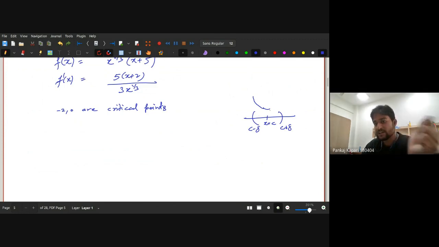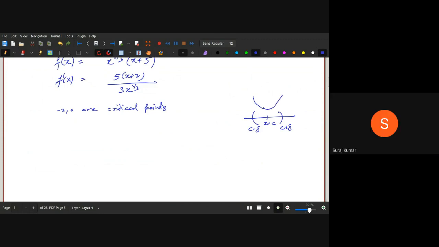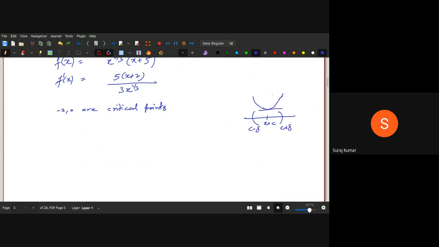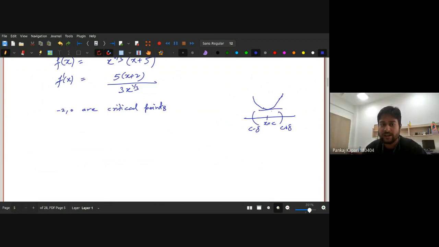On the right the derivative is positive, that means it is increasing. That means at the critical point you should have a point of minima, right? This is called the first derivative test. Finding a second derivative would require a lot of computation, so we will not apply the second derivative test. We'll just apply the first derivative test.